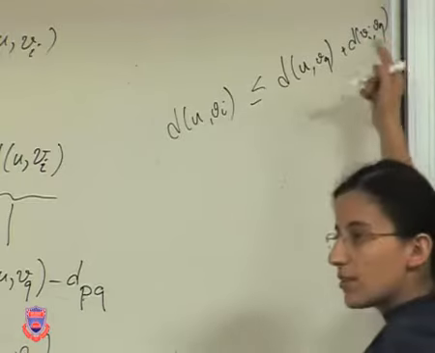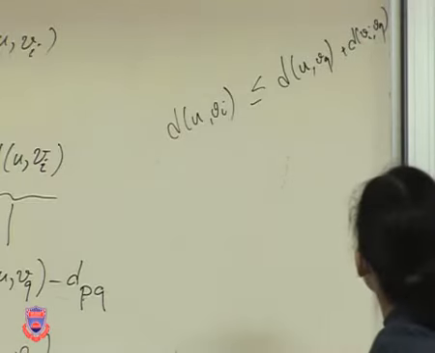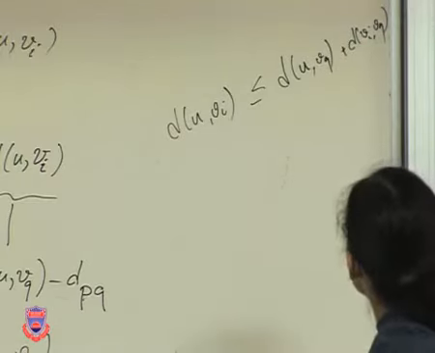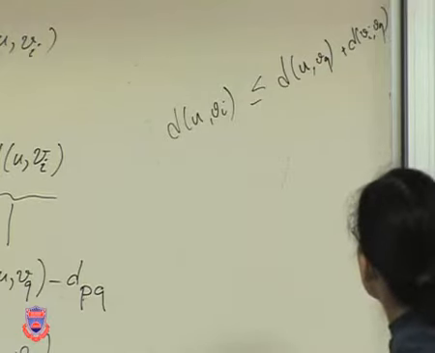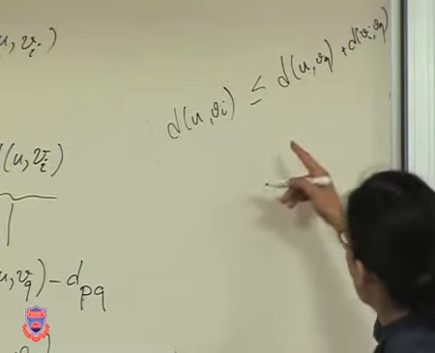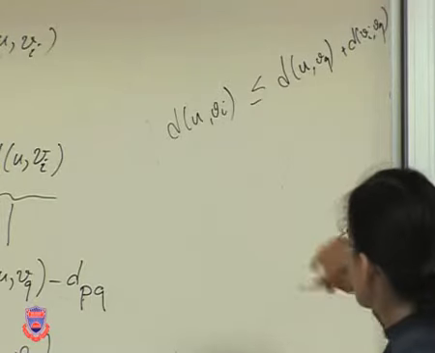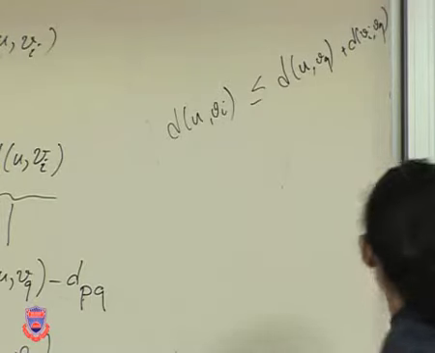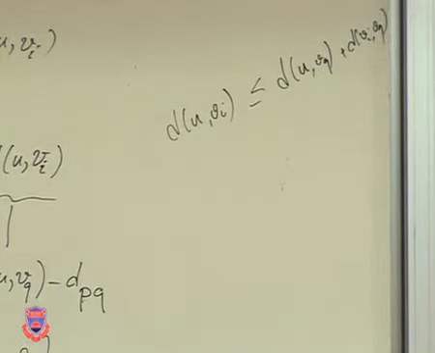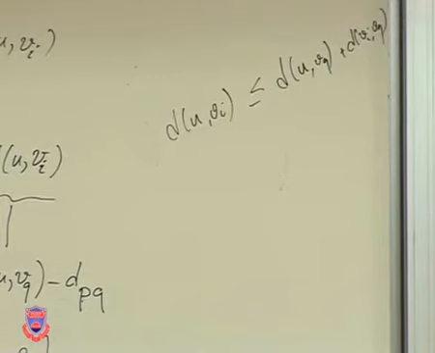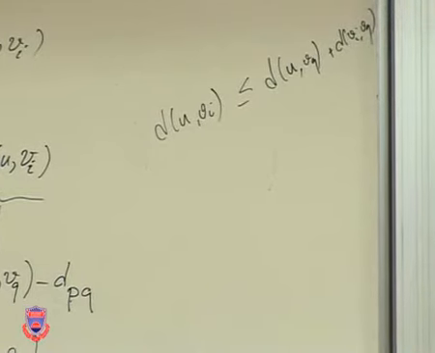Is this any good? Not this way. If we put U to VQ on the left, it won't help. The distance VI VQ has to be on the left side. Distance VI VQ is smaller than or equal to distance U VQ plus distance U VI.